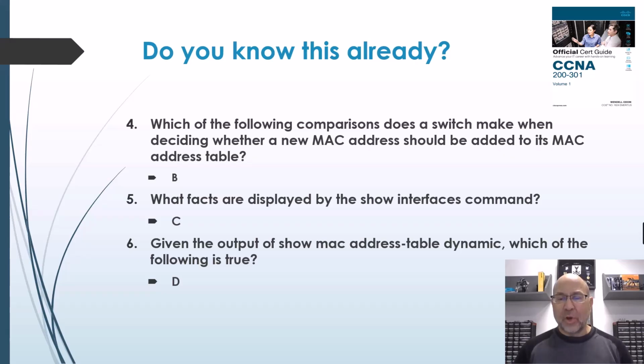Given the output of show MAC address table dynamic, which of the following is true? Well, that was D. And the tricky part there was whether or not there was more than one switch connected. So if you are looking at the show MAC address table dynamic, we know a couple things. We know that traffic came from a particular node down that line. But we don't know if the switch has been up forever, right?